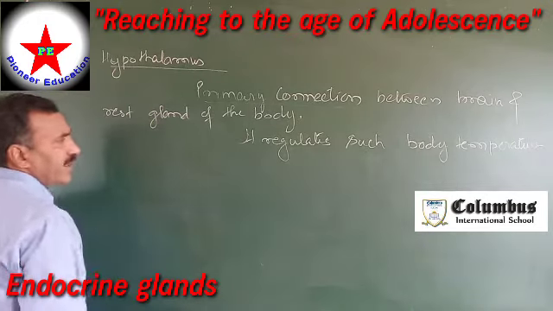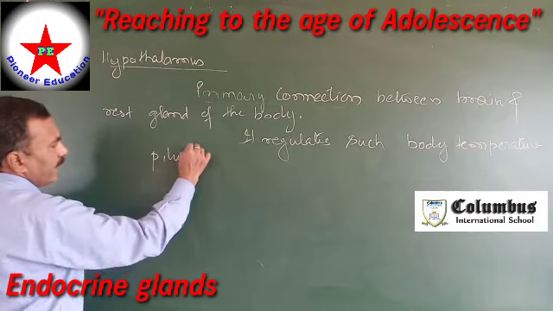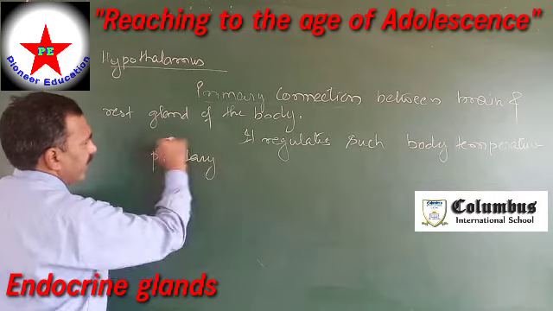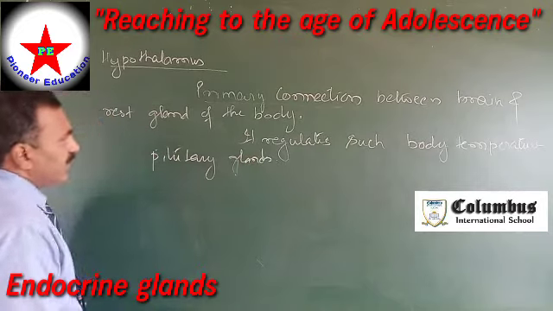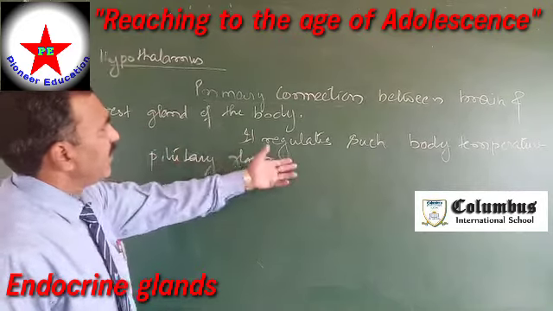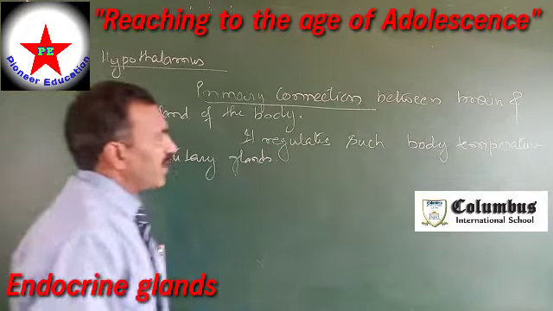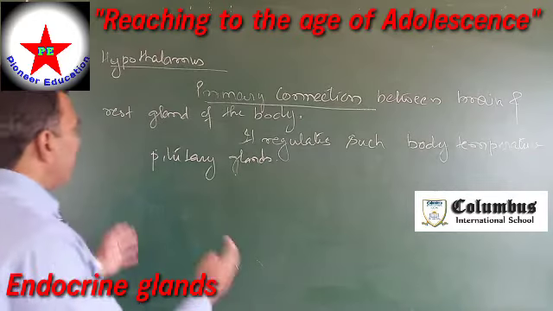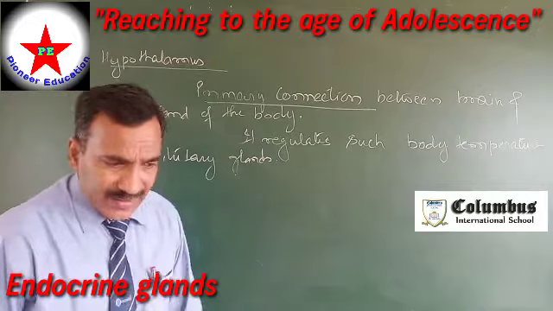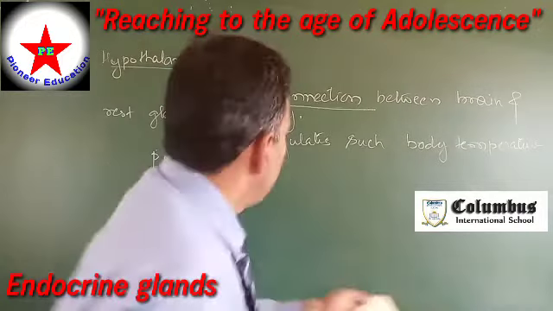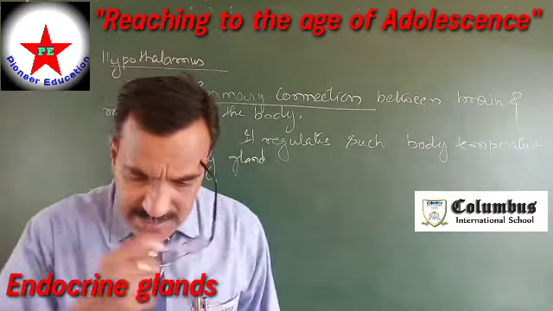This regulation of temperature is through the pituitary gland. There are more functions, however, the main function of the hypothalamus is that it serves as a primary connection between the brain and the rest of the glands of the body. It regulates the temperature of the body through the pituitary gland. Clear?